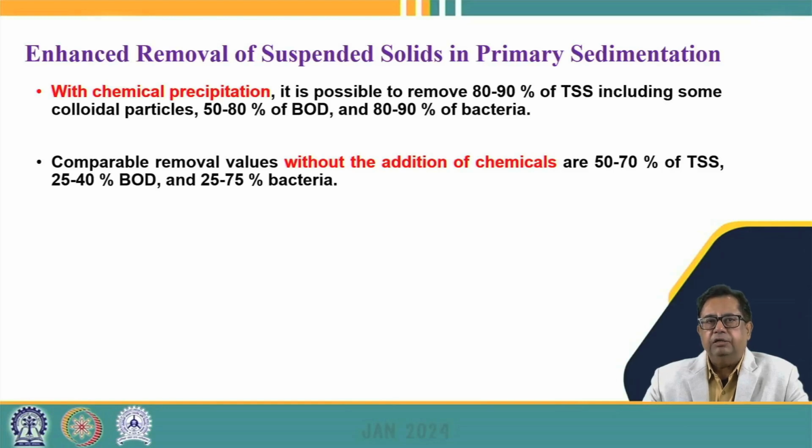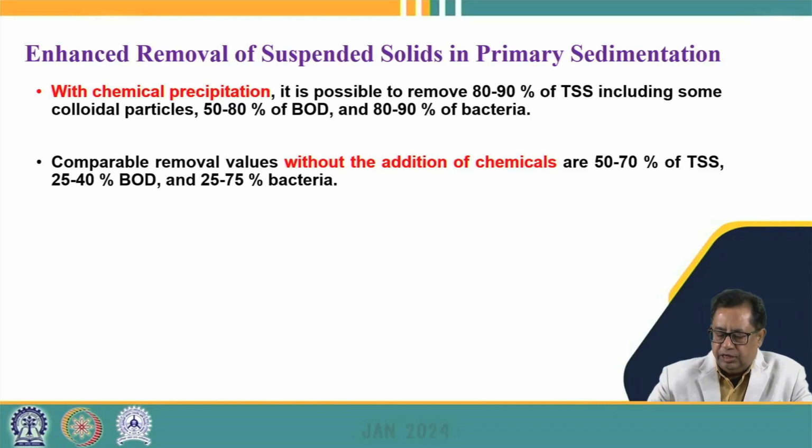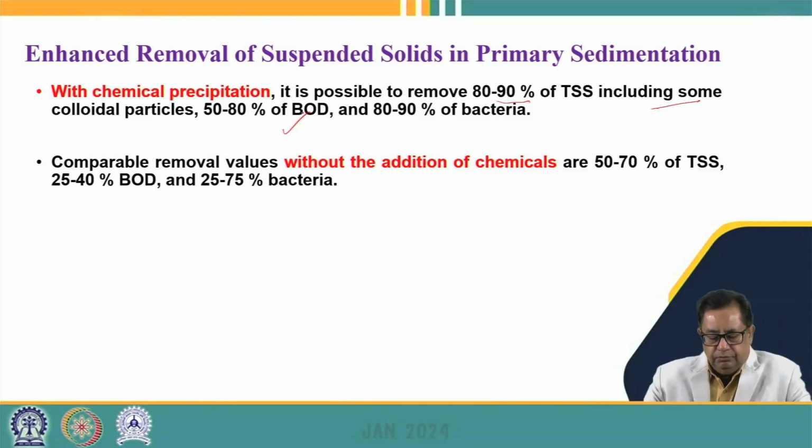When we are adding the chemical for precipitation, it is possible to remove nearly 80 to 90% of the total suspended solids, which also includes certain colloidal particles. Similarly, 50 to 80% of BOD can also be removed during this process, and it may also result in the removal of 80 to 90% of the bacteria.